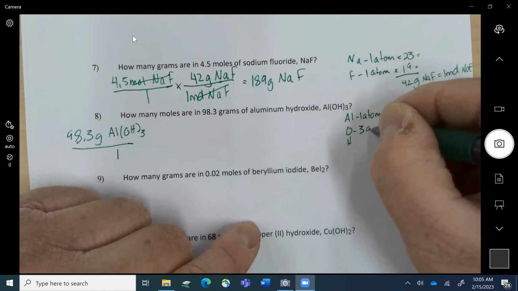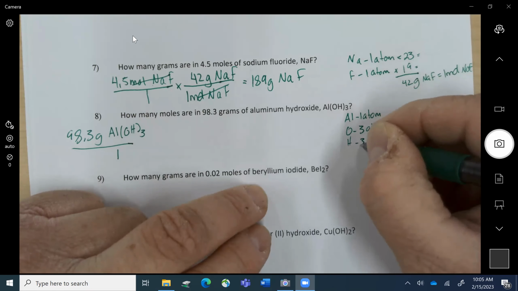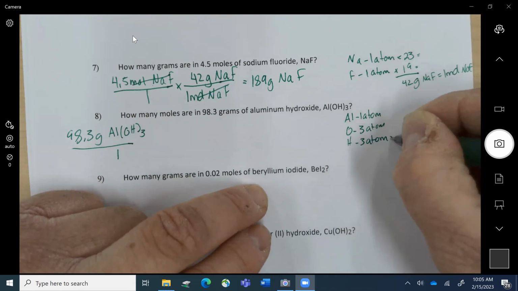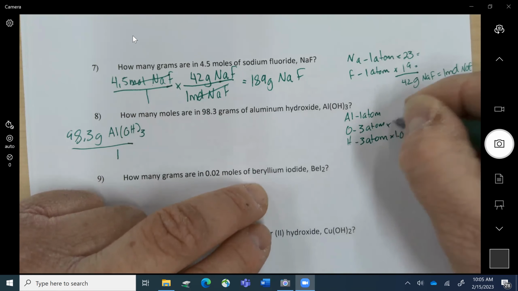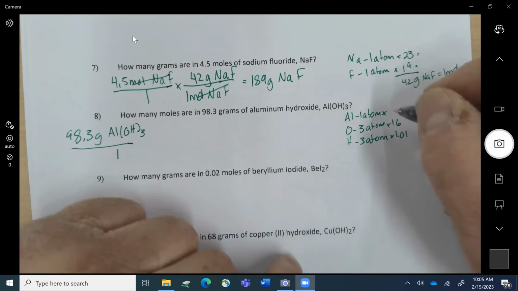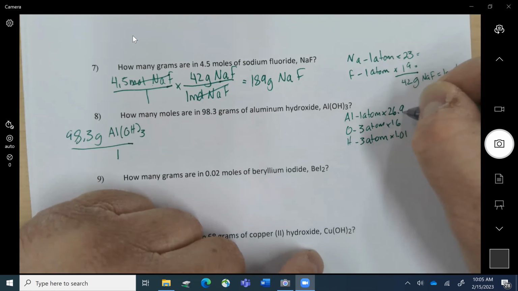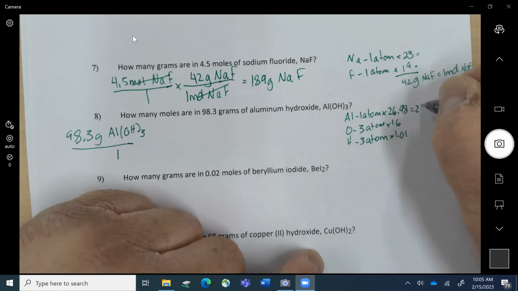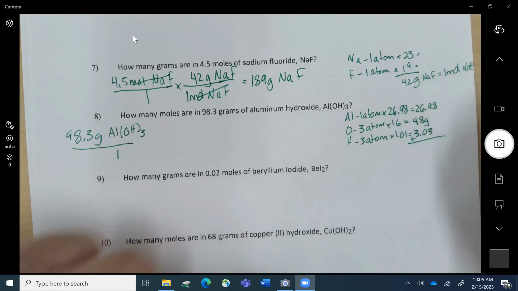There's 3, and there's 3. This is 1.01, this is 16, and aluminum weighs 26.98.